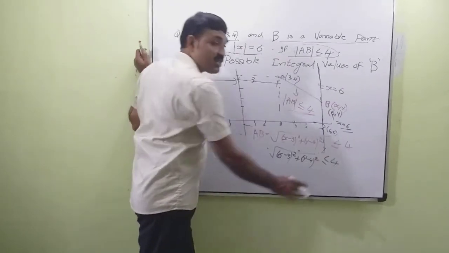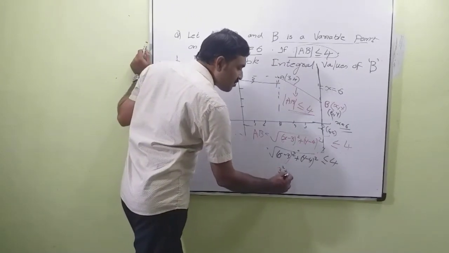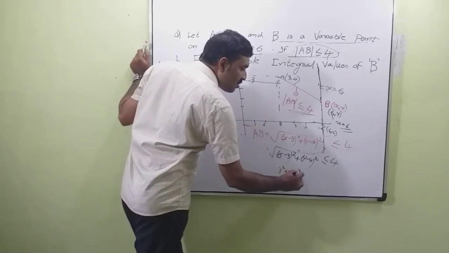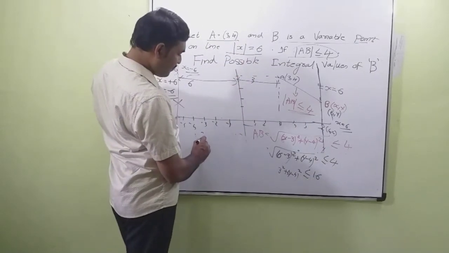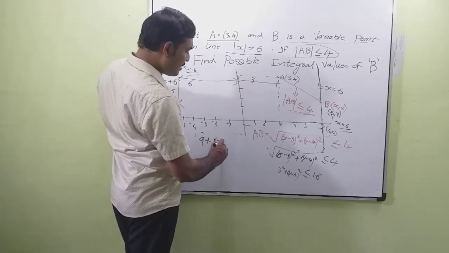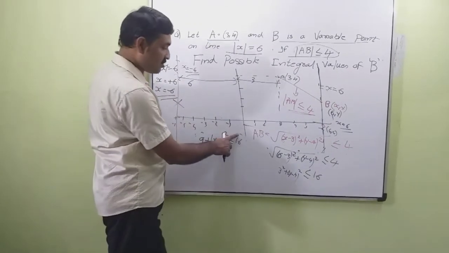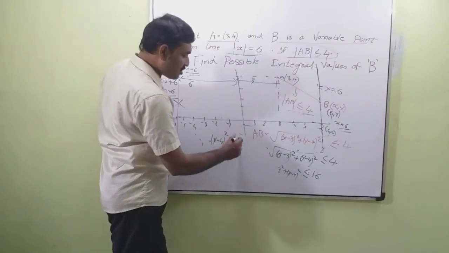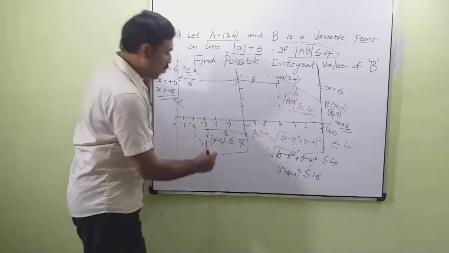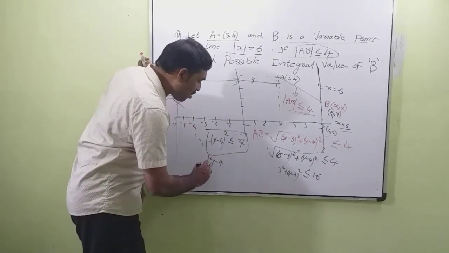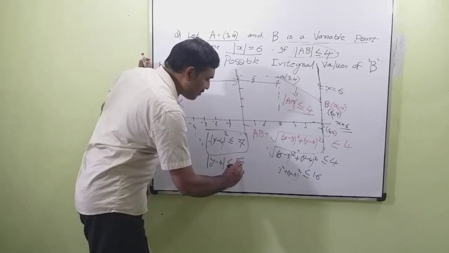6 minus 3 means 3 square. Now squaring LHS and RHS, this becomes 3 square plus (y minus 4) the whole square less than or equal to 16. So 9 plus (y minus 4) the whole square less than or equal to 16. This 9 can be taken to the RHS. So this becomes (y minus 4) the whole square less than or equal to 7. This implies mod of (y minus 4) is less than or equal to root 7.